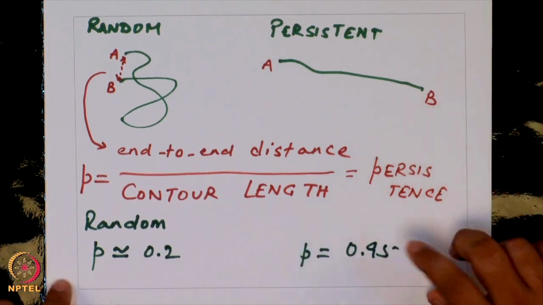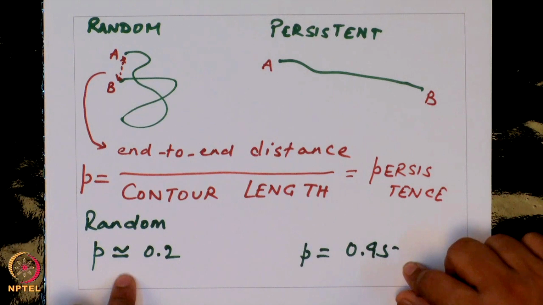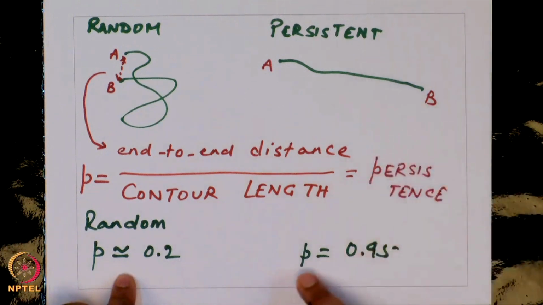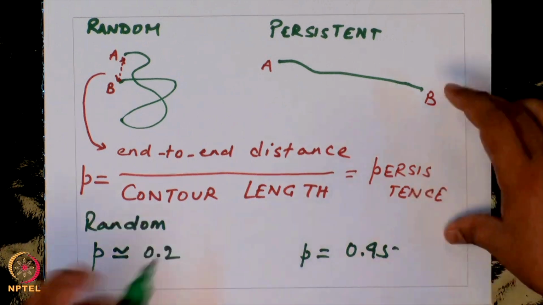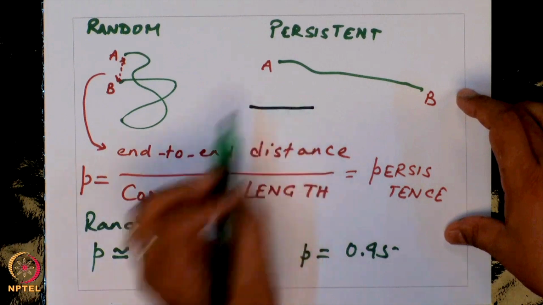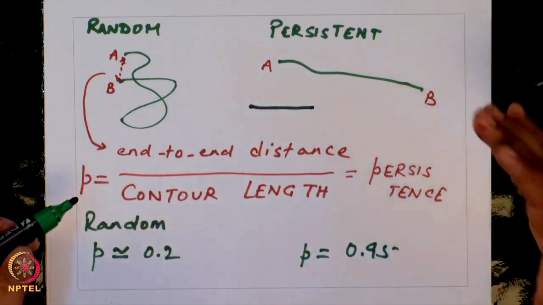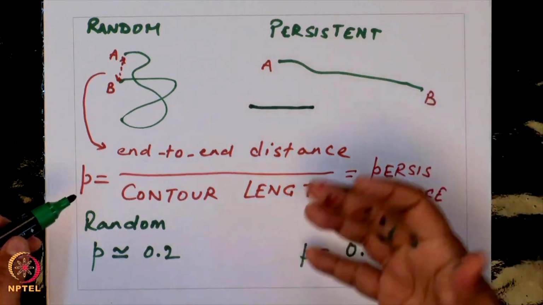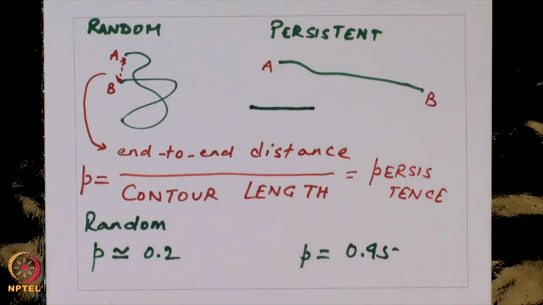So, you have a significantly greater value of P in the case of persistent migration compared to random migration. And this is obvious. The highest possible value of P is 1, because the maximum you can have is a complete straight line, in which case the contour length and the end to end distance are exactly the same. So, you have defined a ratio which is bounded between 0 and 1.